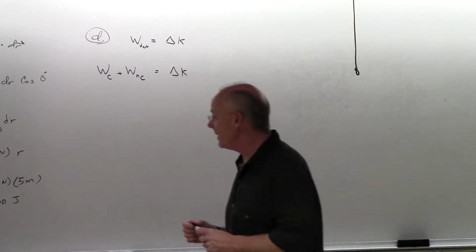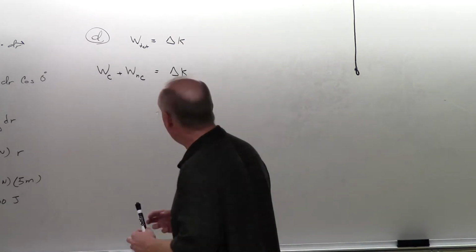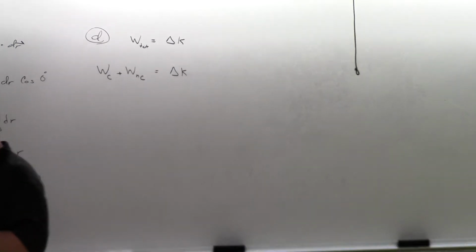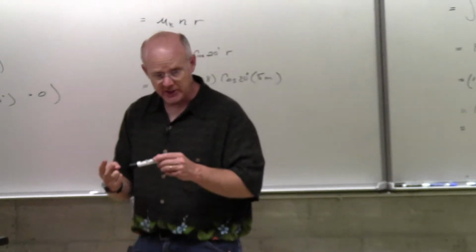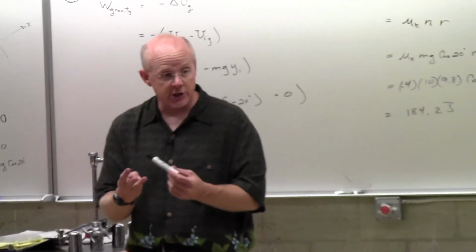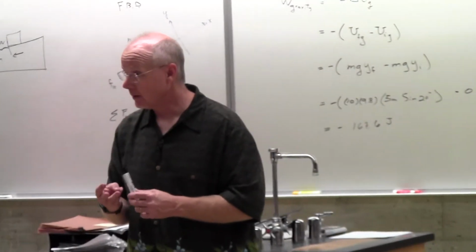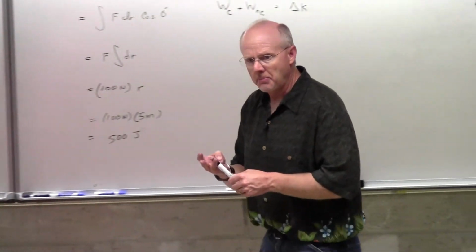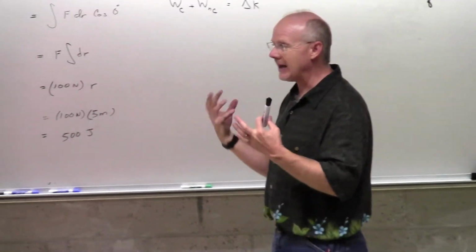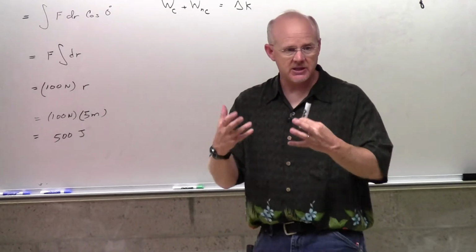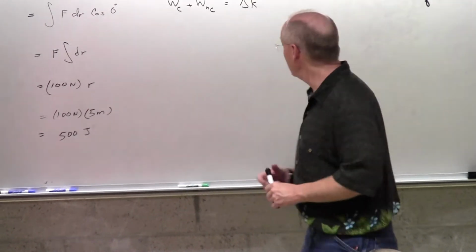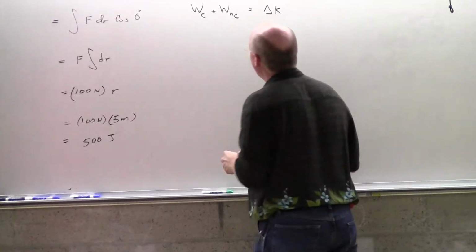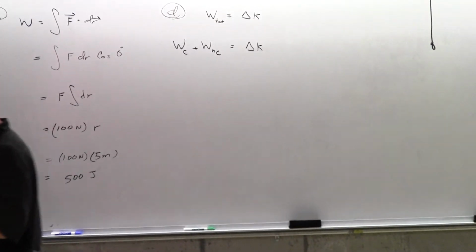Because the main reason I picked this one is at this point we had talked about our conservative forces. We talked about gravity. We talked about a spring. And then our non-conservative force, we talked about friction, right? But here we have an additional outside force. One more piece to the puzzle, if you will. And I'm not sure how you want to describe this as a conservative or a non-conservative force.